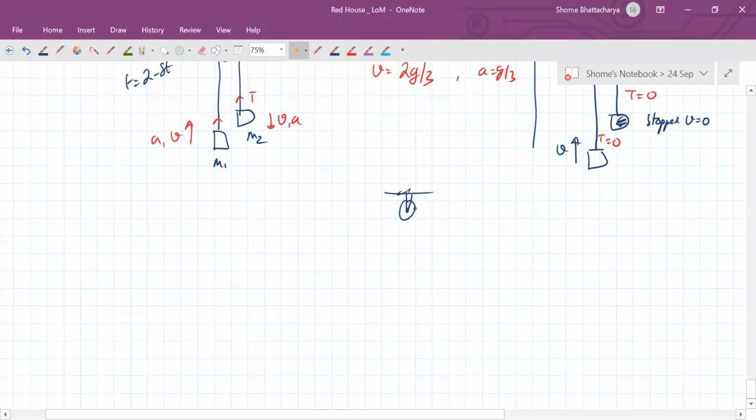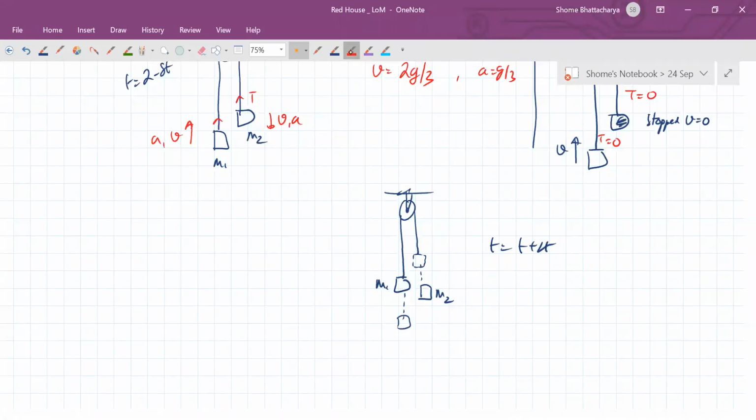Okay, so now at some new value of time, so here this time is, let us say, t plus some delta t.